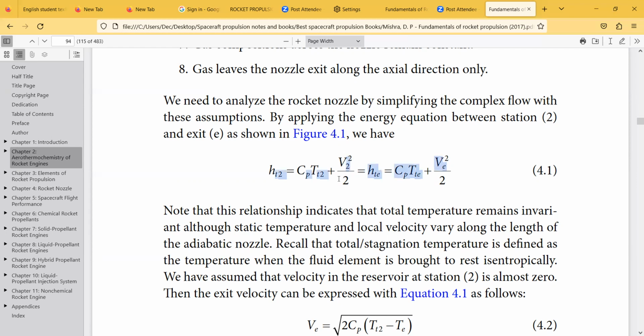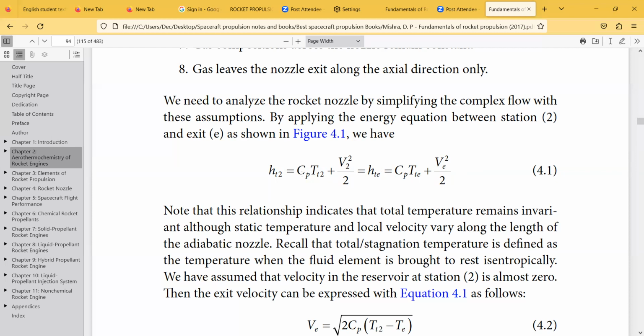At the entrance the velocity is small, and this equals the enthalpy at the exit, which is Cp TE plus exit velocity squared over 2. Here velocity is high but temperature is less at this point. But in this case, the temperature is very high because it is the combustion chamber temperature.